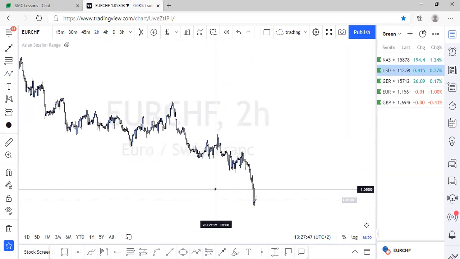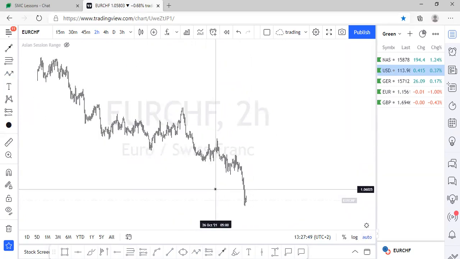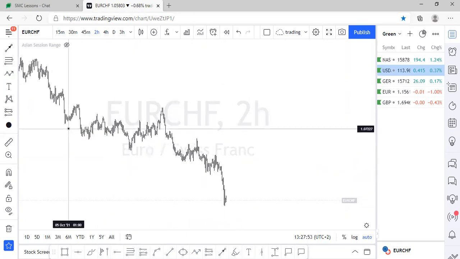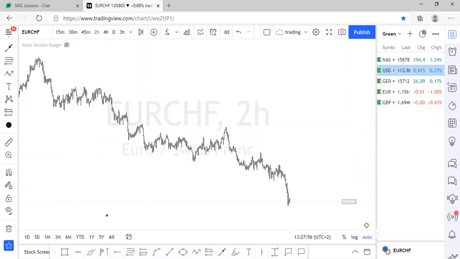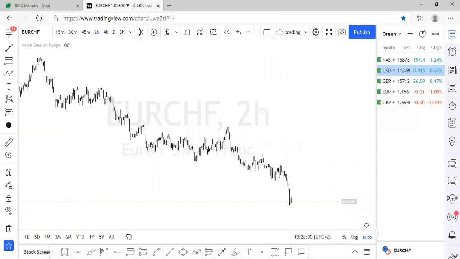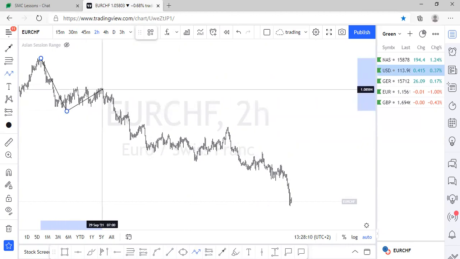So guys, as you can see now, this is the high time frame. We are in a downtrend, isn't it? Let me show you guys. Let's start from here. We simply get a lower high here.